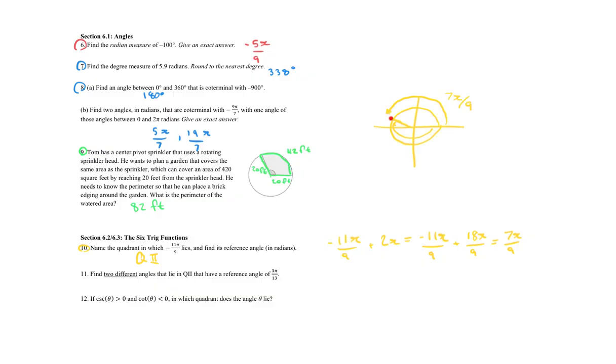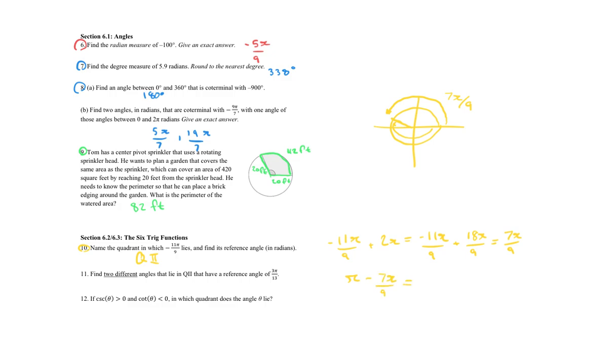So now I know that if I go from here to this angle, that's 7 pi over 9. But the reference angle is from this to the nearest x-axis. I know that from here to here is pi, and from here to here is 7 pi over 9, so the difference of those two is going to give us our reference angle. So we're going to do pi minus 7 pi over 9.